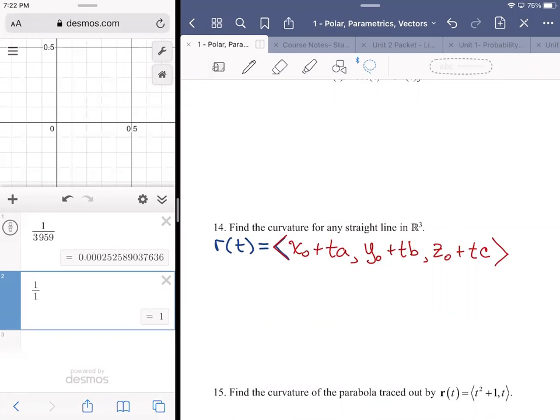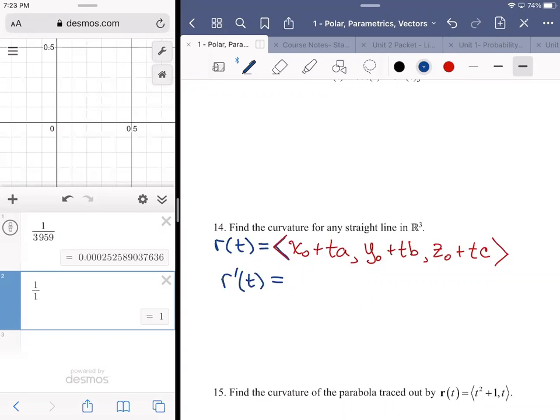So I need the magnitude of that. Well, let me not jump the gun here. Let me find the derivative first. I could have just plugged it in, but I don't want to go too crazy. It's going to be a, b, and c because x sub 0, y sub 0, z sub 0 are all constant values, and at, bt, and ct are constant multipliers of the variable t.